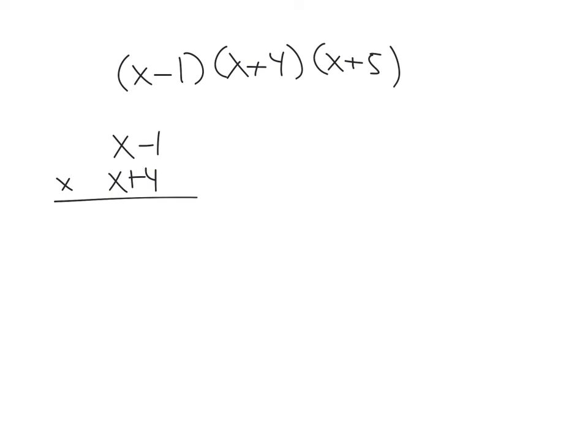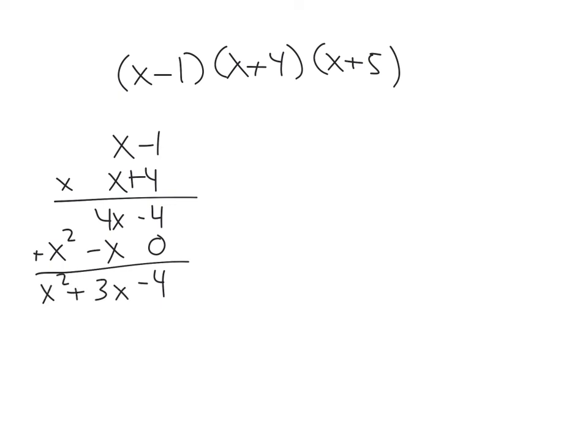So you do 4 times -1 is -4. 4 times x is 4x. Remember, put a 0 after you go to the next one. So then you have x times -1 is -x. X times x is x squared. You're going to add those together, and that would give you -4, 3x, and then x squared.